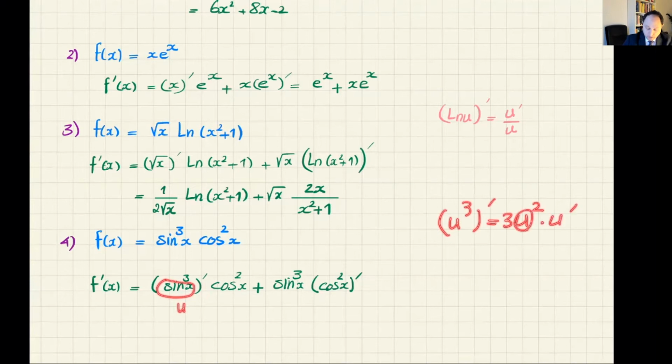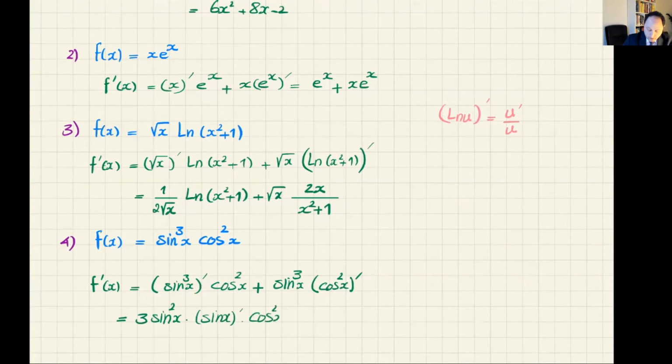But u is sine, so it becomes 3 sine squared multiplied by sine x prime. Let me write it in 2 steps. So this becomes 3 sine squared of x, but multiplied by sine x prime. And then after that, cosine squared x should be copied and pasted, okay?